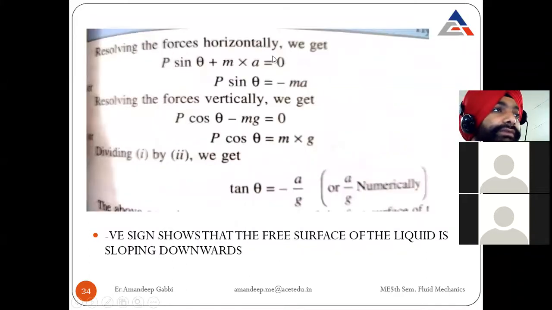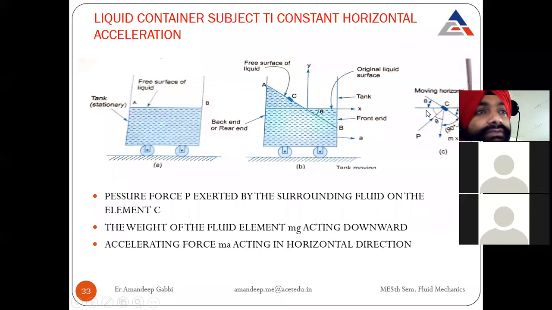Now resolving the forces horizontally. First of all, we will resolve the forces horizontally in this direction. First force that is acting is ma in horizontal direction, acting in forward direction. And mg is acting vertically downward, and the pressure force that is there has one horizontal component and another vertical component.